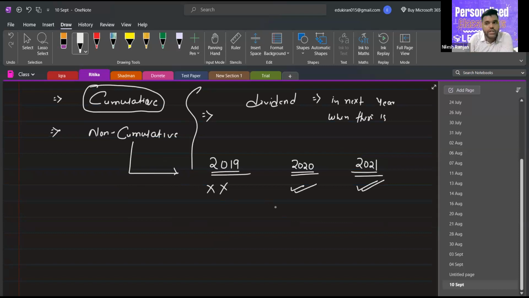But if your shares are cumulative, means it is accumulated type, then if you don't get your dividend in 2019 and 2020, you will get your dividend in 2021 plus the 2019 dividend plus the 2020 dividend.